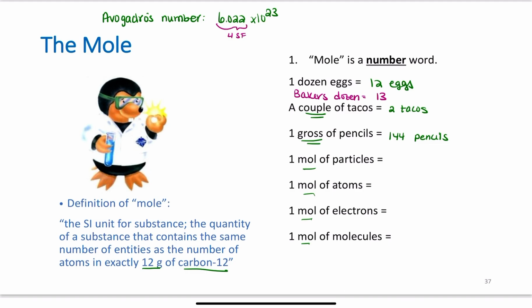If I took that out of scientific notation, it would be, and I have to do this by counting, 6022. So 1, 2, 3, 4, 5, 6, 7, 8, 9, 12, 13, 14, 15, 16, 17, 18, 19, 20, 21, 22, 23. I then go ahead and put all my commas in to separate out all my zeros, which are hard to see.